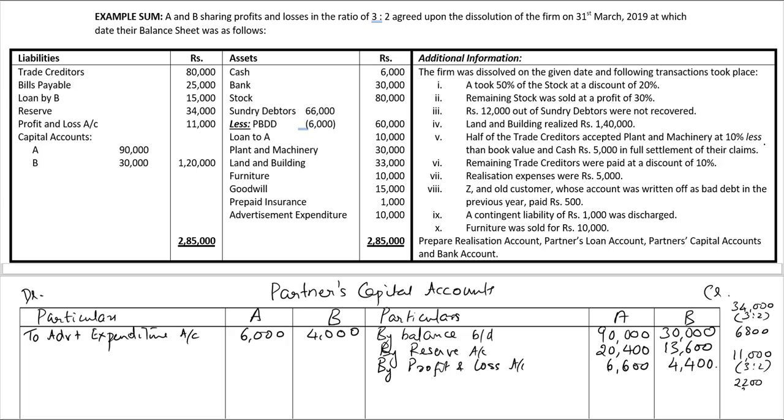There's a loan to A, 10,000 rupees given on the asset side of the balance sheet, representing a loan borrowed by partner A from the firm. We'll transfer that to A's capital account. To loan to A account, 10,000 rupees.